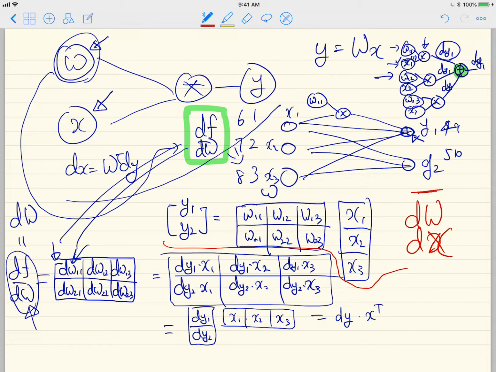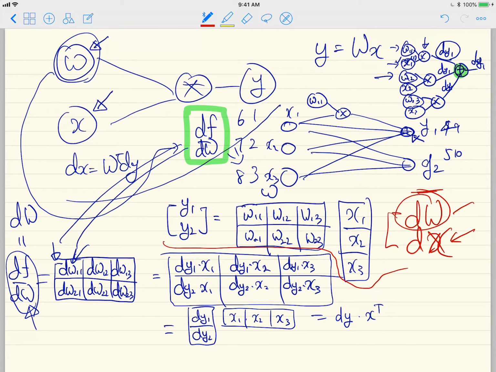Here dX is the matrix version, and small x is just the vector version of x. So in the case of dW, how do we use it? Once we obtain dW, it will be used to directly update our current W, right?